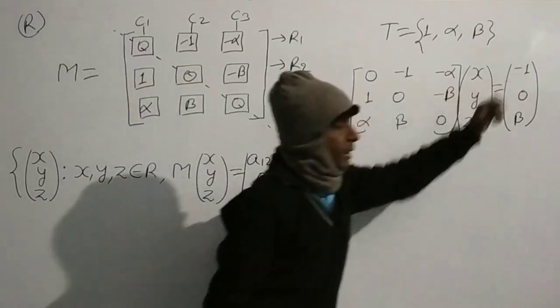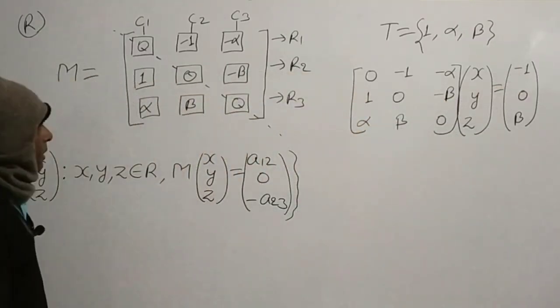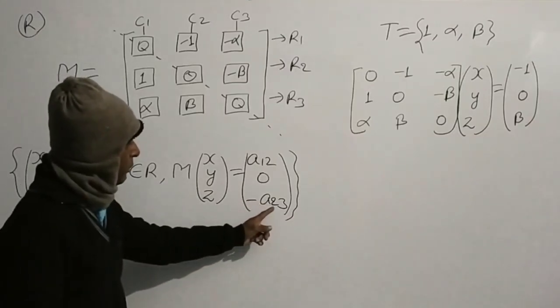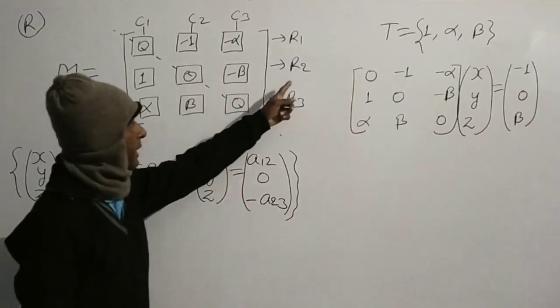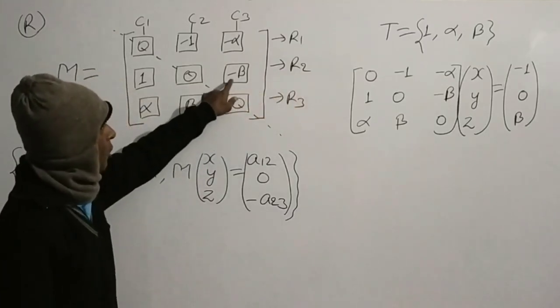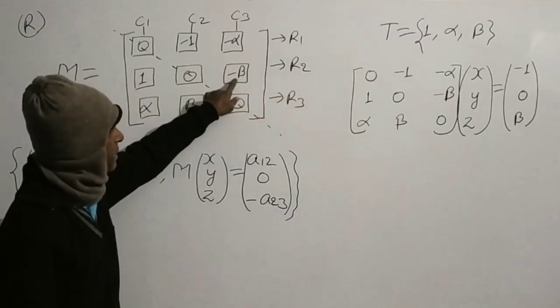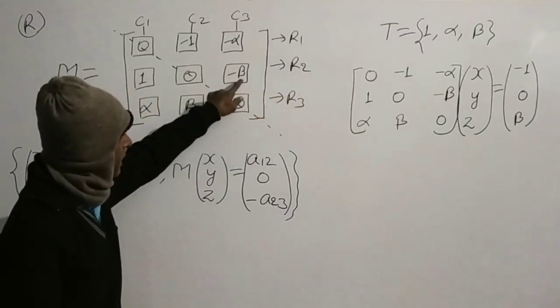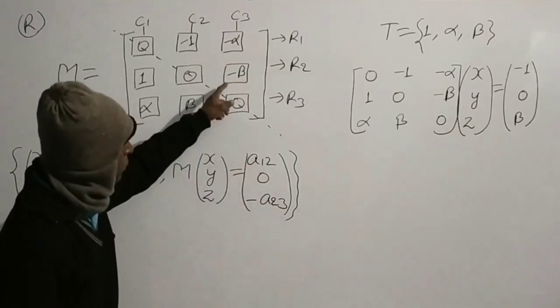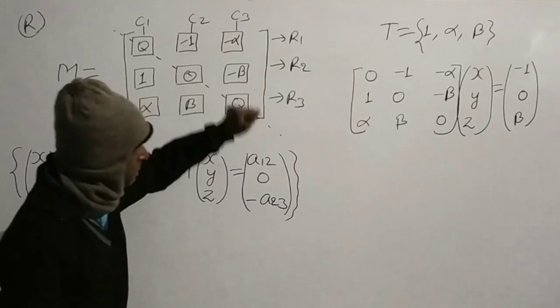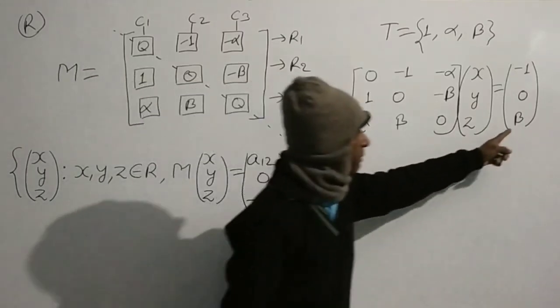A12 is -1. A23 means second row, third column element, which is minus beta. A23 is minus beta, then minus A23 will be minus minus beta, that means beta.